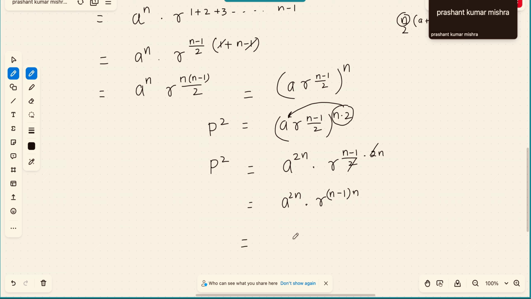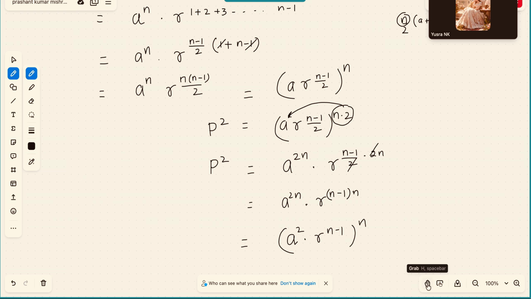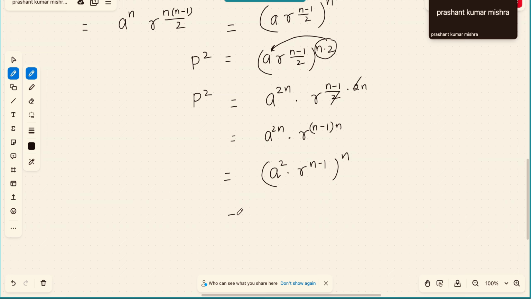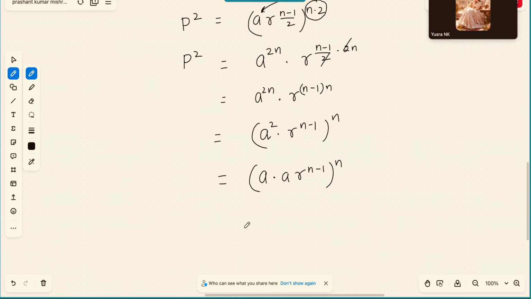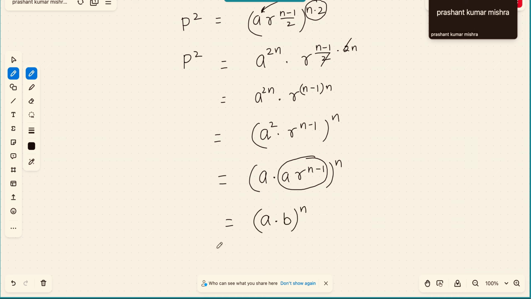So this is going to be A square times R raised to n minus 1, whole raised to n. Now A square is A times A, so we can write it as A times A R raised to the power n minus 1, whole raised to n. So A is as it is, and this is the nth term, which they have given is B, so we can put B here, raised to the power n.